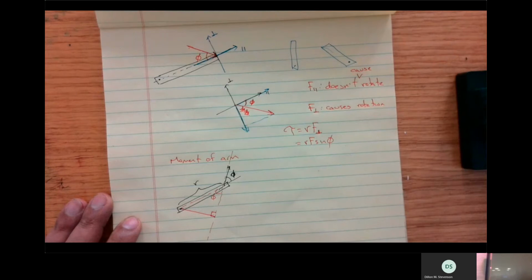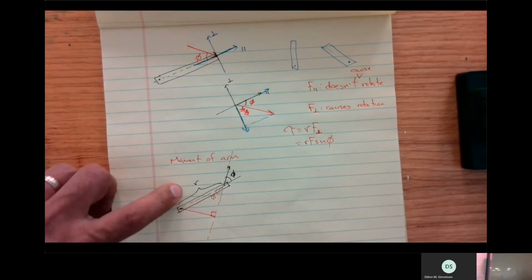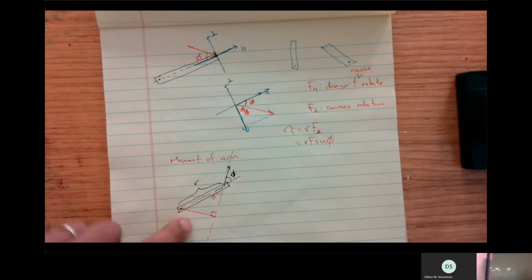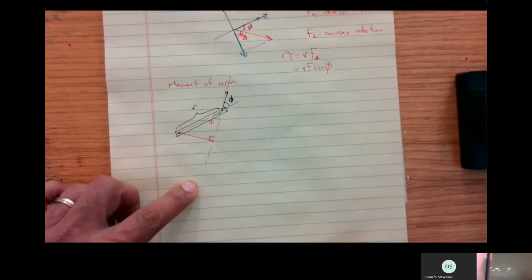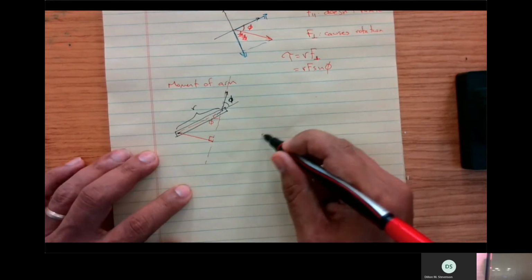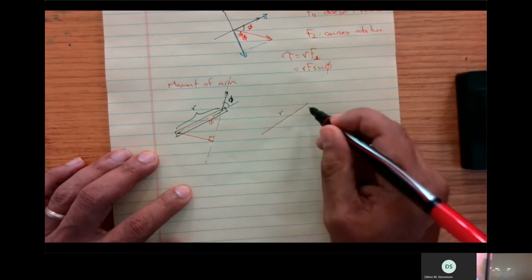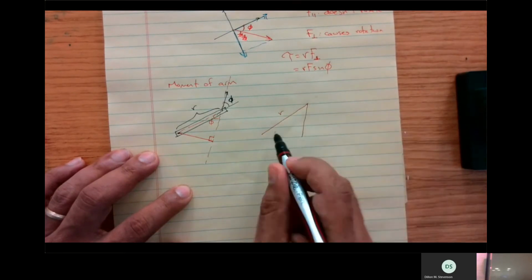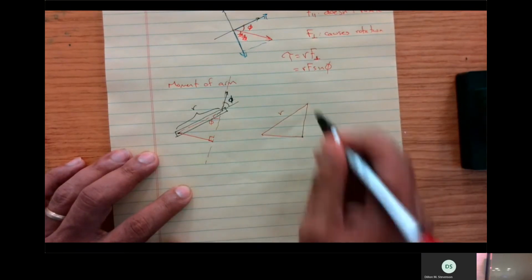Okay, notice that in this configuration, the radius is the hypotenuse of this right triangle that I just drew here. So I'm going to redraw it over here. So I have the hypotenuse, this is R. This is phi, and this is the right angle.